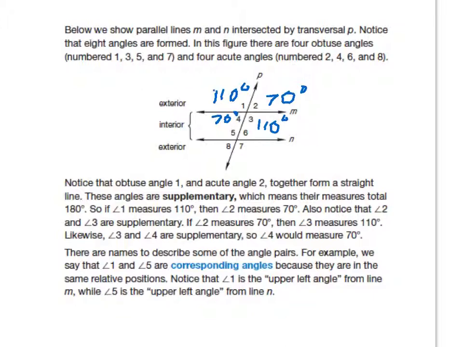And because they're corresponding in their position, they have what we call a relative position. So 1 is to 5, as 2 is to 6, 4 is to 8, and 3 is to 7. The correspondence makes it where all the numbers from the top carry over to the bottom. So we can see that if number 1 is 110 degrees, then number 5 will also be 110.